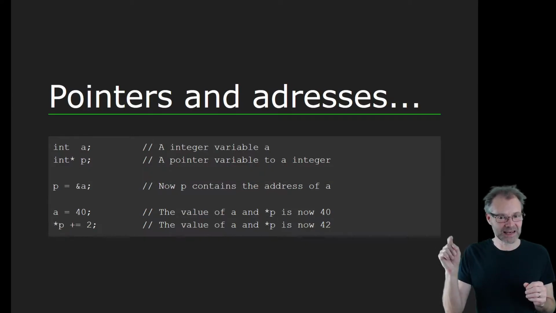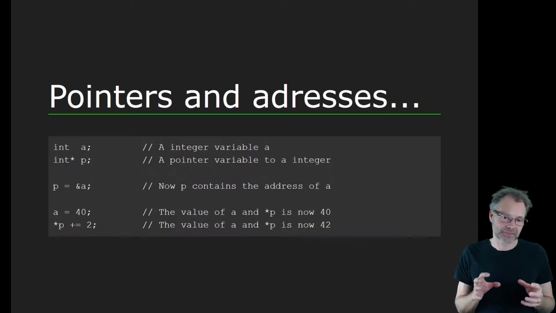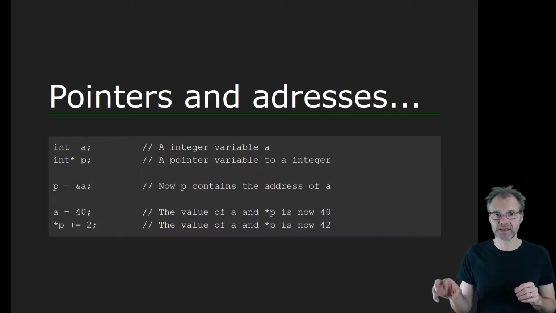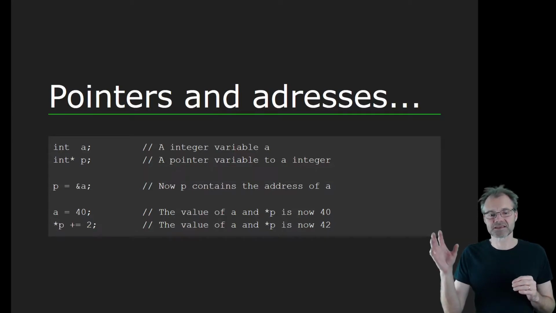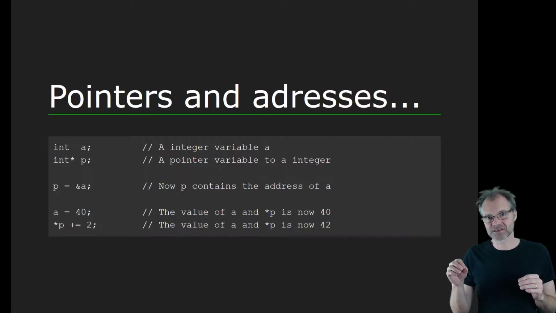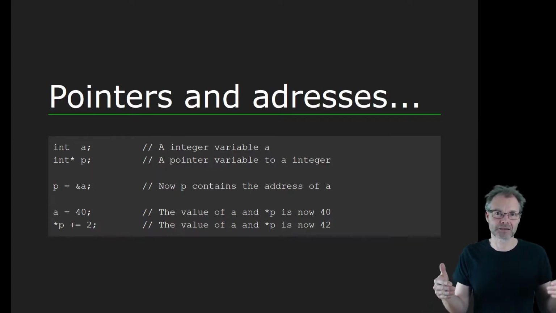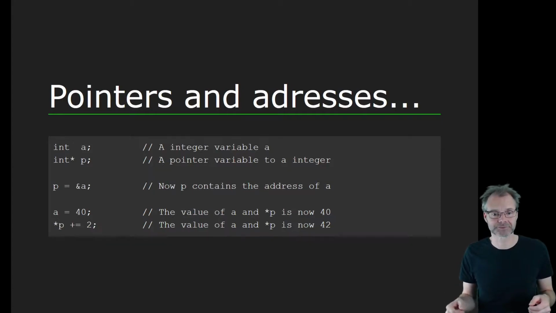On the middle line, I'm taking the p variable and assigning it the address of A. So I'm basically putting the address of A into the pointer. This means that now p contains the address of A, so p is actually referencing the variable A in memory. They're basically pointing at the same place in memory.